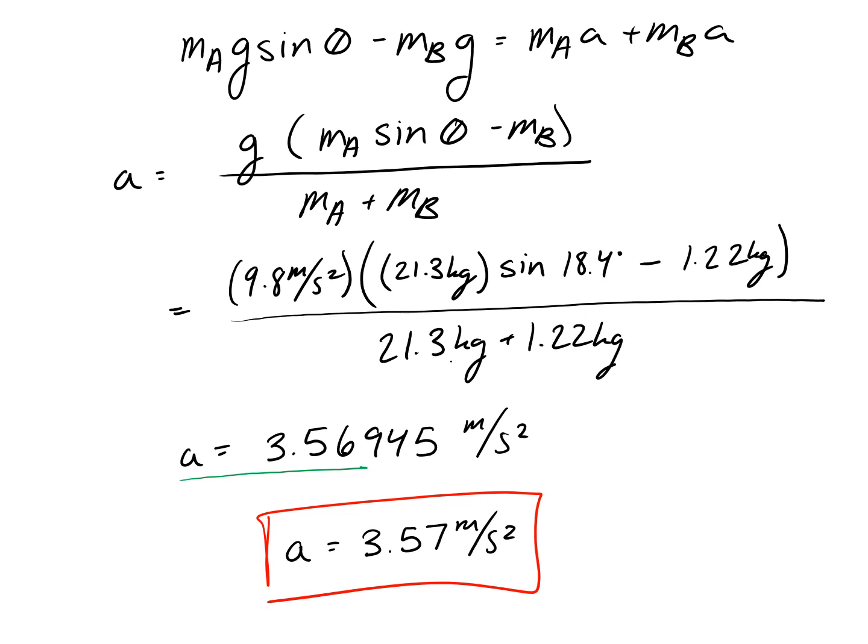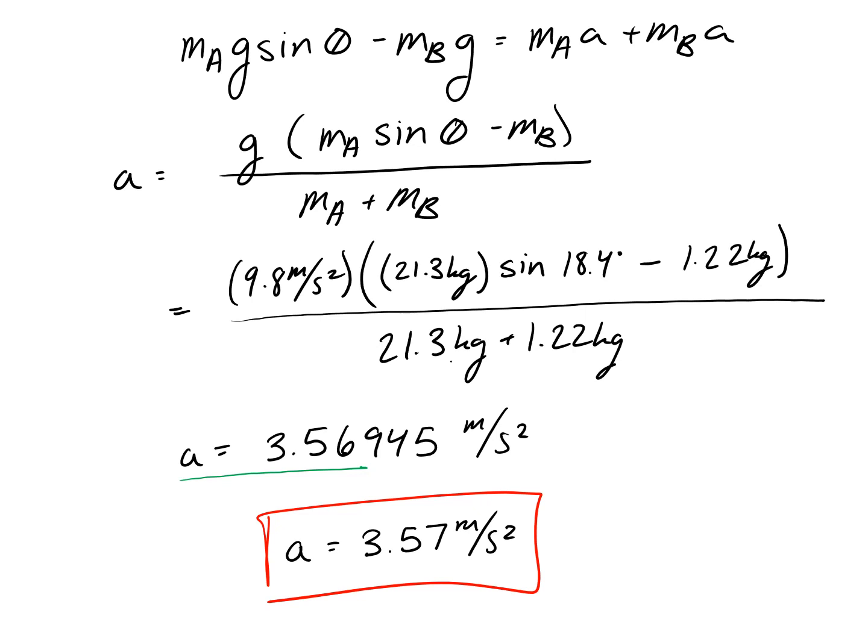Then it ended up not mattering in this question. We only needed to focus on the x direction, which had two unknowns, tension and acceleration. Because we were solving for acceleration, we eliminated tension by rearranging one of the equations, in this case box B, plugged it in to box A, and solved for a numerical value.